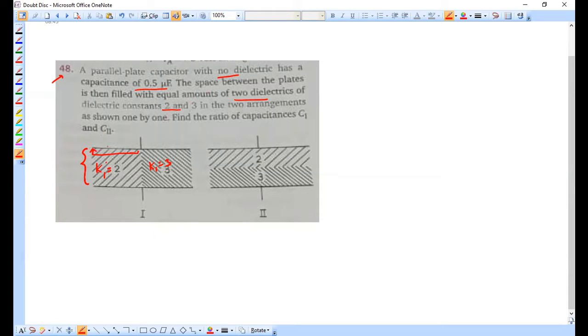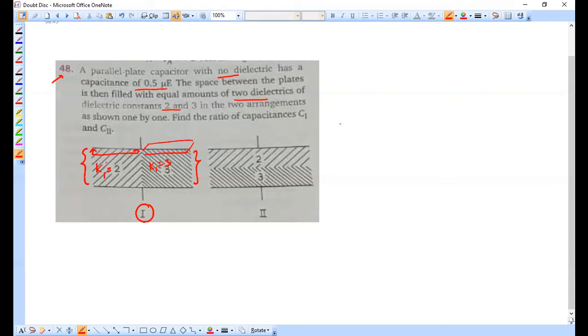So it just acquires half the area of the plate, but it occupies the entire distance. So this is the first orientation in the manner in which we have inserted the dielectric.